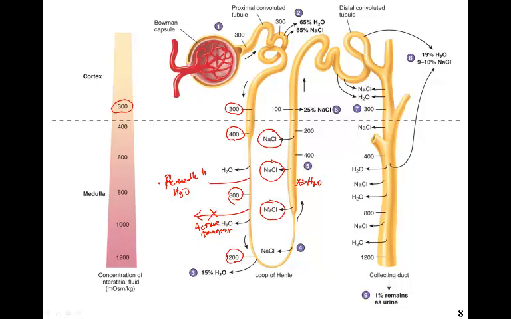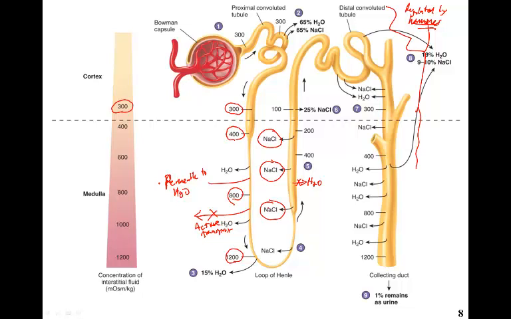The main thing to know about reabsorption that happens in this section is that it's regulated by hormones. And we're going to spend the whole next lecture talking about how that works. You may have noticed that reabsorption in the PCT and in the loop just happens all the time.